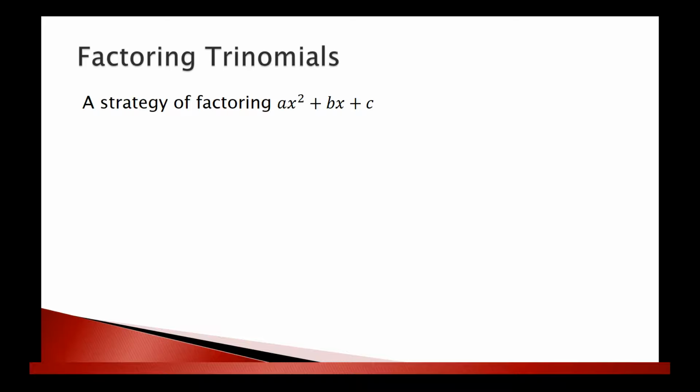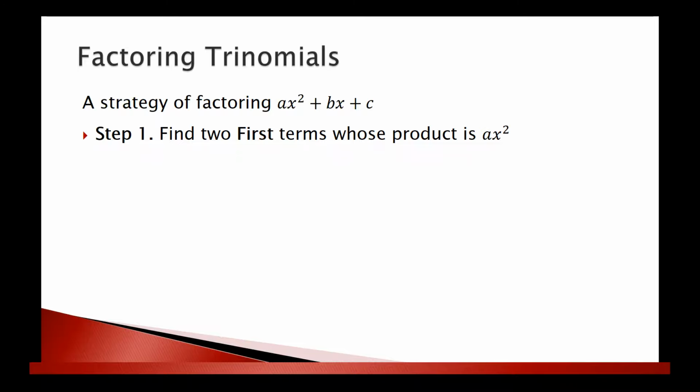So a general strategy of factoring a trinomial is, the first step is to find the two first terms whose product is ax squared, which is the first term of the polynomial. So we want to express this polynomial as an equivalent expression that is a product, and the product of the first two terms is ax squared.